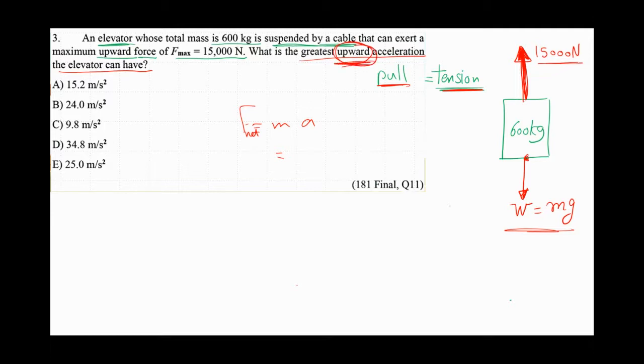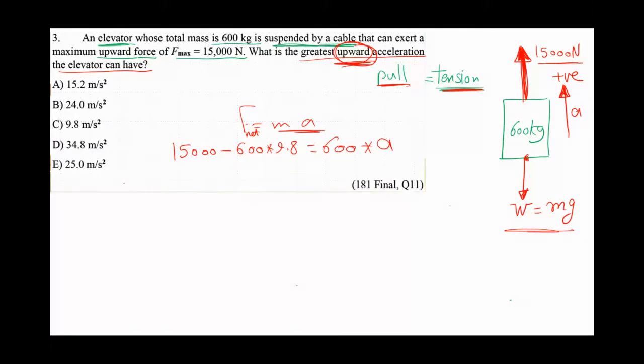Take care because we have two cases here. Upward acceleration means the acceleration is upward, so I will take the positive direction of my equation to be upward. So let's make it 15,000 Newton minus mg, which is mass times gravity, equals mass times acceleration, where the mass is 600 times the acceleration a.